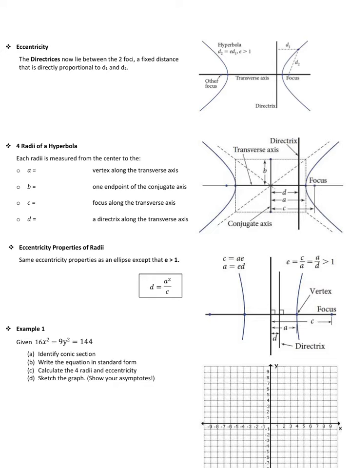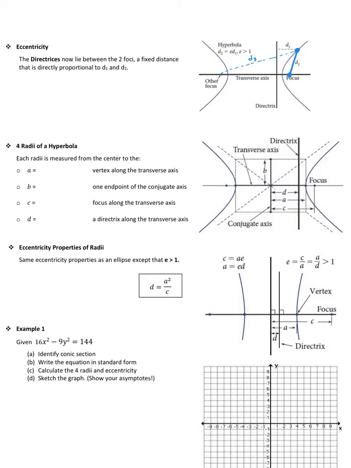Okay, so let's talk a little bit about the eccentricity. If you remember from the ellipse, the eccentricity had exactly the same formula, except that it was always going to be between 0 and 1. And with a hyperbola, so where's the D2, where's the D1? Here you have your foci, and the D2 and D1. D2 is the same one as we had before, but earlier on the other page, this was what we called D3.